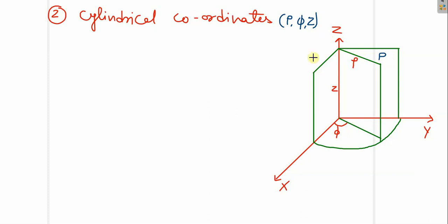Now let me show the differential parts here. So how can we show the differential parts? Let's say we have one another differential element, which is a small increment in this rho vector.